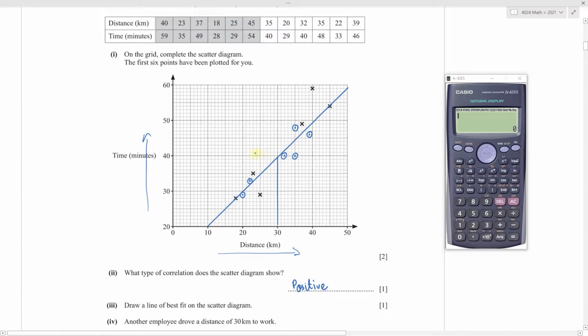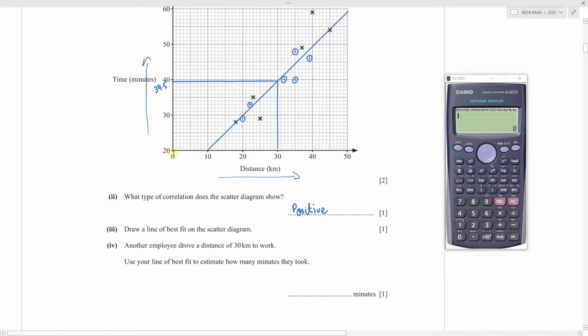So now I'll read off my time value here. It's in the middle of this small block, so this is around 39.5. So this is 39, 39.5, and then 40. So the value from my line of best fit is 39.5 minutes.